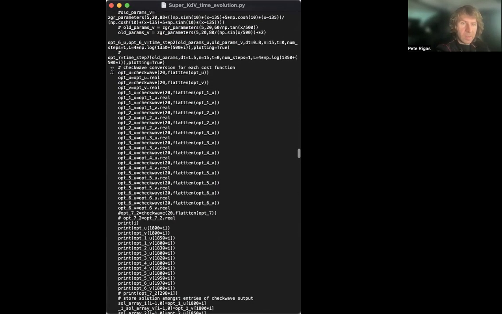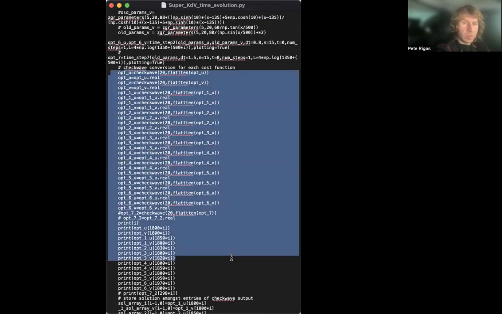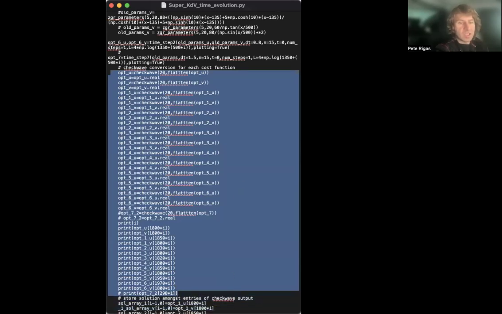And now that we're performing these tasks, like I had alluded to in previous scripts, I just had some print statements to show the output of the algorithm at each step. What this was also demonstrating, which was another fact that I unfortunately hadn't got into in the two other presentations for time evolution, is that when you perform a check wave, it's a function that you perform on the ansatz after you initialize the ZGR parameters.